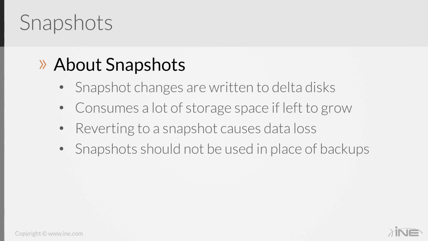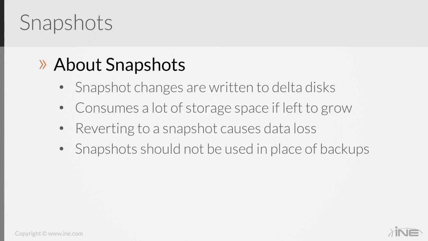All right. So once we create a snapshot, we'll no longer be writing data to the original VMDK file. The changes that we would make from that point onwards would be recorded in a Delta file, and we'll have a look at the naming scheme for this in a little bit.